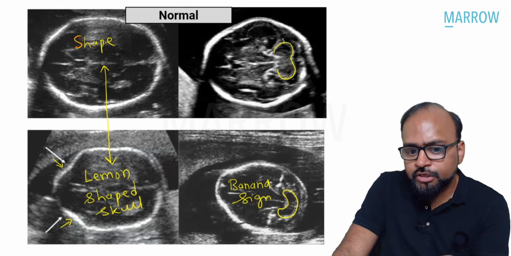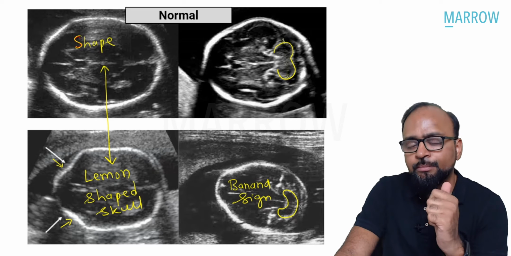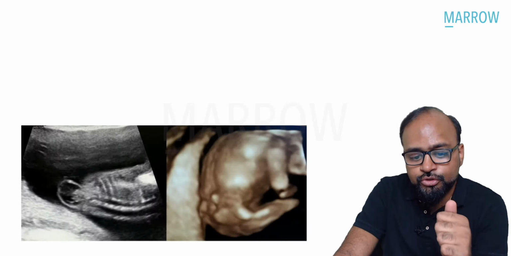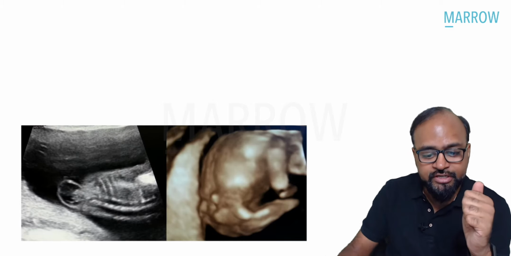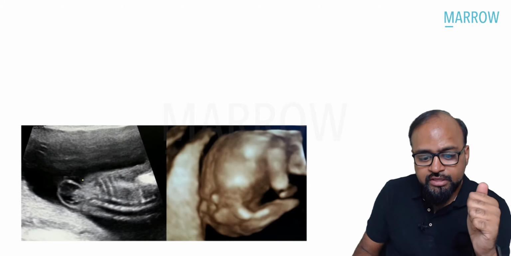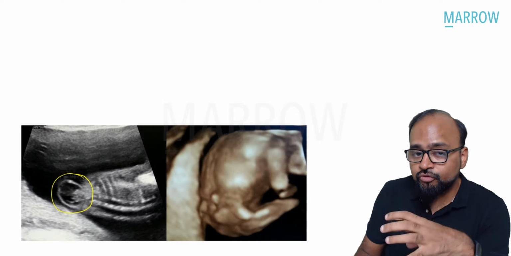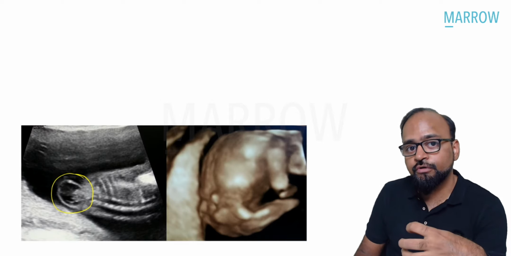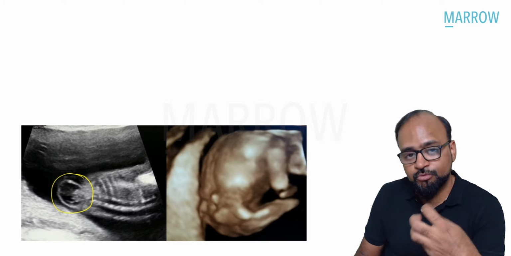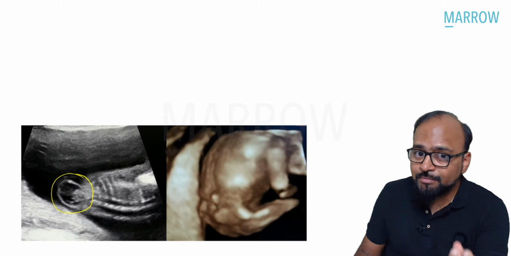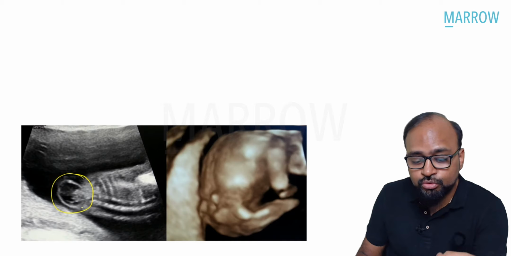This patient, once I saw this on ultrasound, I immediately went to the evaluation of the spine. And what did I see in the spine? I saw that there was a big defect in the spine. There was a sac comprising of meninges, cerebrospinal fluid, and some neural elements projecting out through that defect.